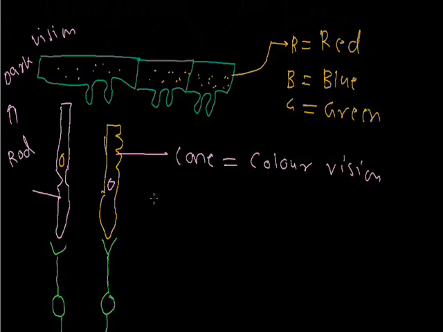So now we discuss: the outer layer is the pigment layer, which consists of three colors: red, blue, and green.